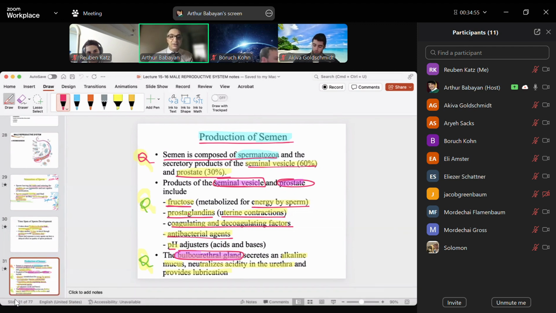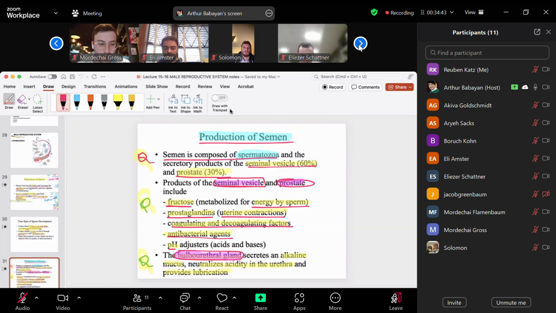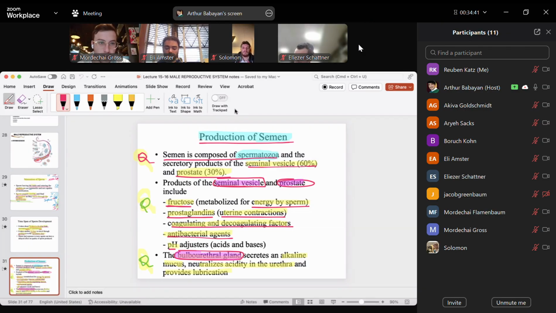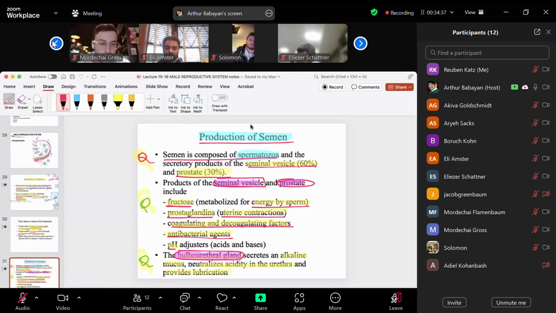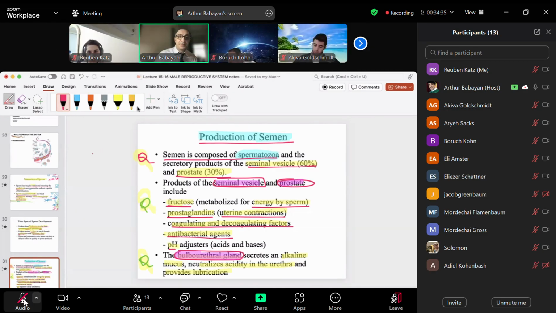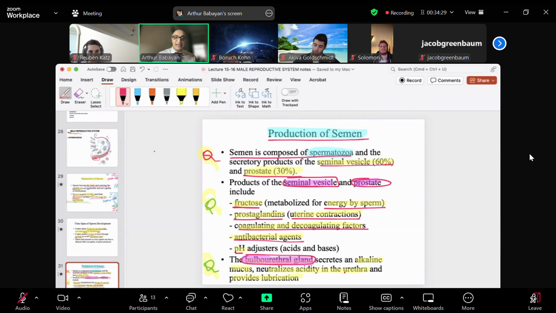There are coagulation and decoagulating factors, antibacterial agents, and an acidic pH. The bulbourethral gland secretes alkaline mucus, which neutralizes acidity in the urethra and provides lubrication.